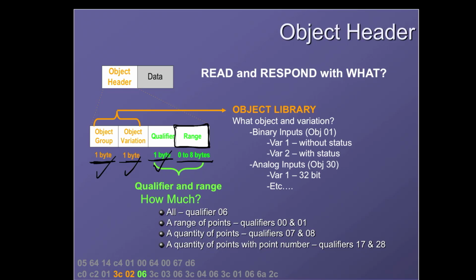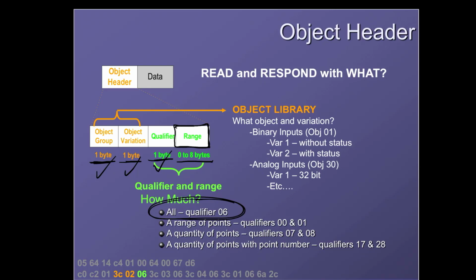I would say most commonly, and you'll see why once we start looking at messages directly, what you're going to find is this qualifier right here, and that is for all points. And when we're looking at a qualifier for all points, it's really very simple, and that means there is no range field.